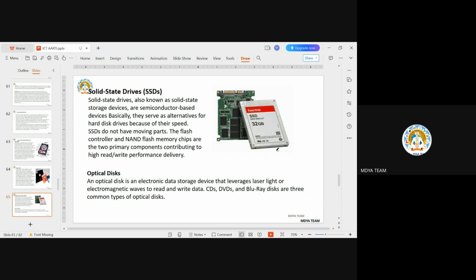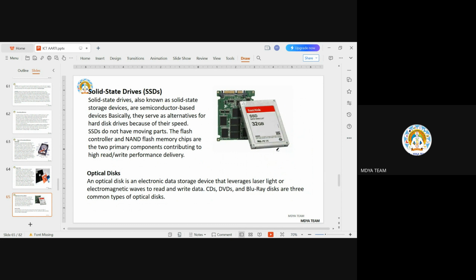Solid state drives are known as solid state storage devices. They are semiconductor based devices, while hard disk drives are electromechanical and magnetic storage. They serve as alternatives for hard disk drives because of their speed. Their speed is much more than the hard disk.